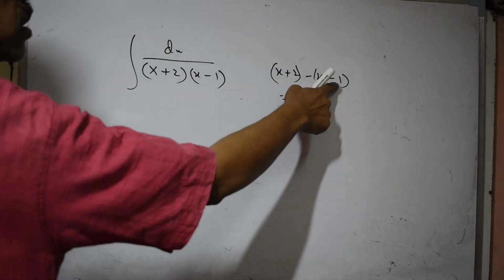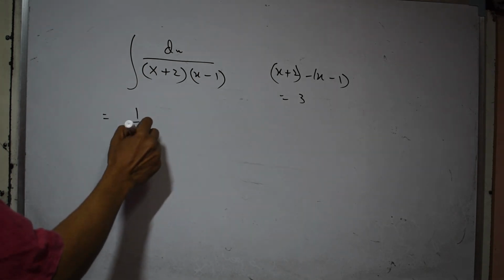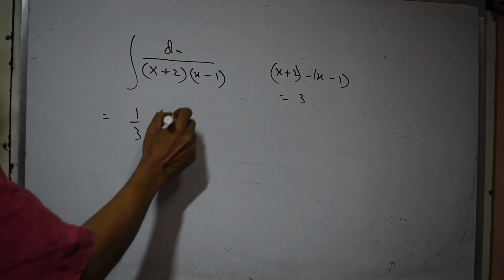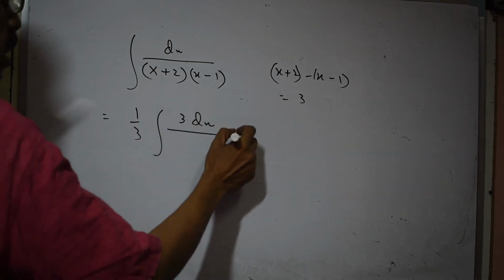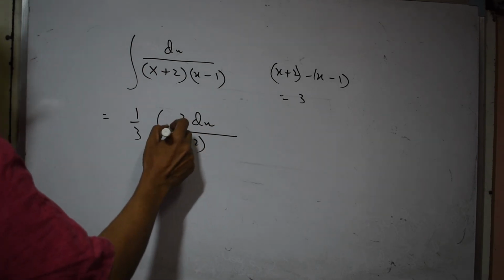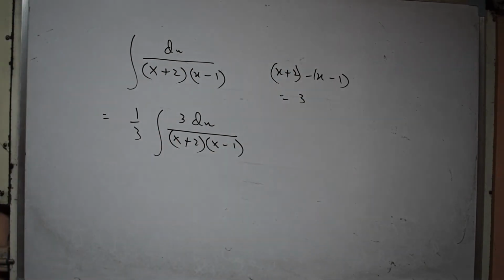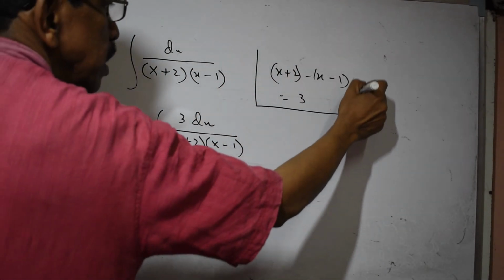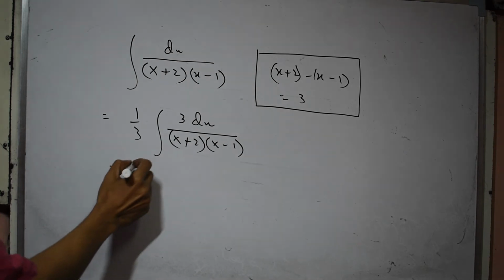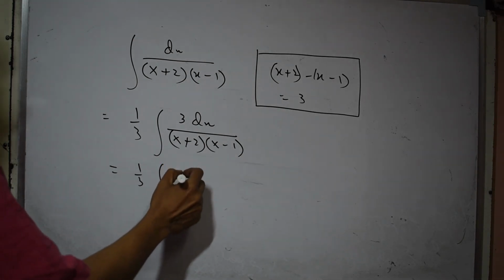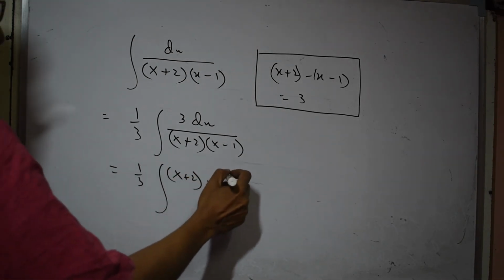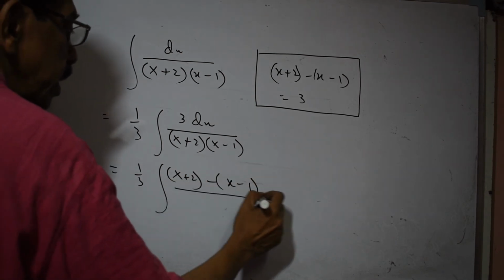Now what we'll do, we'll write 1 by the difference, 1 by 3 dx by whatever the factors are. Now look, 3 is the difference of the two. That means we can write 1 by 3 times x plus 2 minus x minus 1 divided by this one.